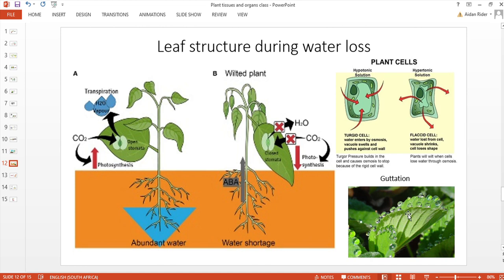And it's not the same as dew. Dew happens early in the morning, and the water droplets are usually on the entire surface of the leaf. But with guttation, the water droplets are only on the edges of the leaves, in the open pores of the leaf.